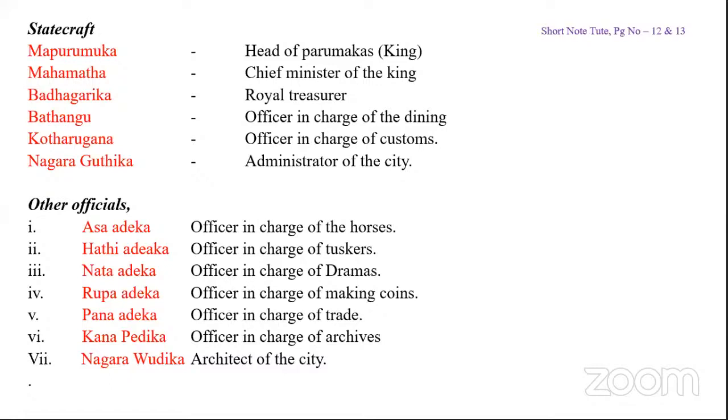For the heading, you are given 1 mark, and for the explanation, 1.5. If you're writing under 3 headings, for the heading 1 mark and for the explanation 1 mark. Like that, you just have to write. But the main thing is that you have to include a lot of information. Content is the main thing.